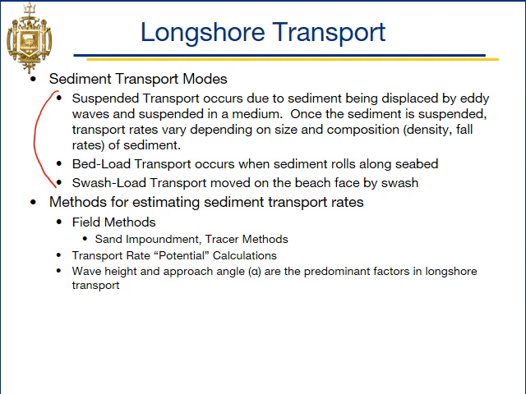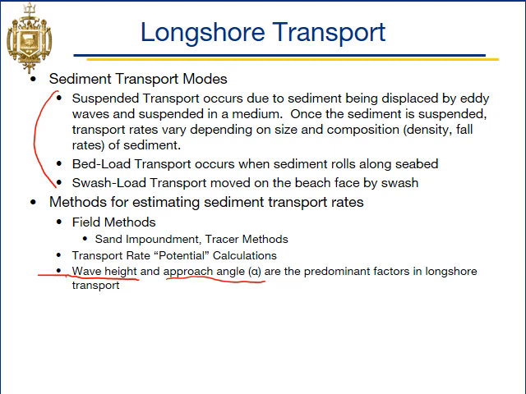But I want to talk about the two big factors that affect longshore transport rates and how much sand is being moved. One, I think is pretty intuitive, is the wave height. Big waves move more sand. I think that's pretty easy to comprehend. The second one is the average angle of approach that the waves hit any particular beach, that angle alpha.